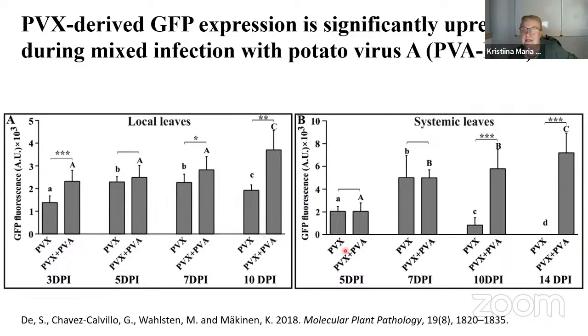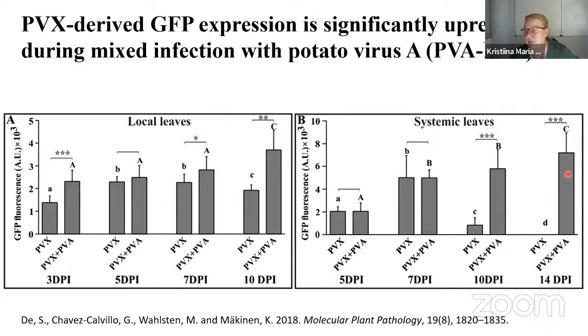But when the infection goes systemic to the upper leaves, we see that the gene expression of PVX is going down. Also, we remember that the temperature was going down in these leaves, which shows that there is less stress in those leaves.